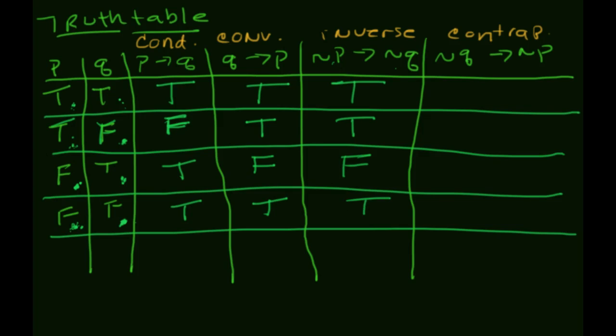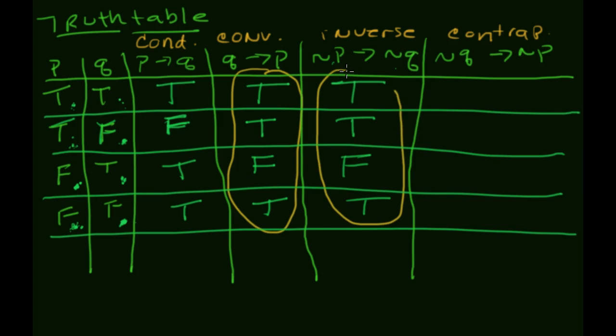And if I look, the converse and the inverse have identical truth values. That's why I know that when the converse is true, the inverse must be true, and when the converse is false, the inverse must also be false.